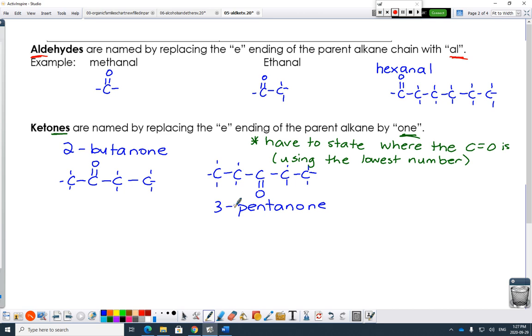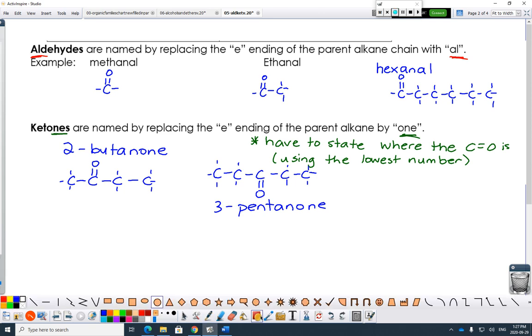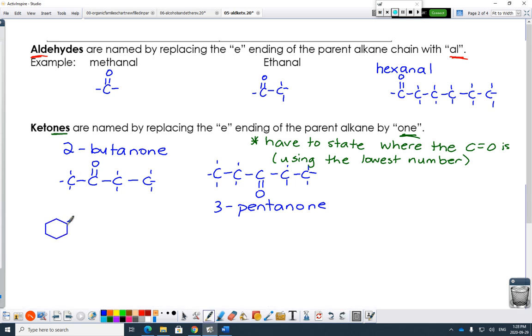Your textbook loves to ask sneaky questions like, can you have methanone? No, because it would be at the end. That's an aldehyde. They love to do things like this. Okay, this can't be cyclohexanal because there's no end, right?